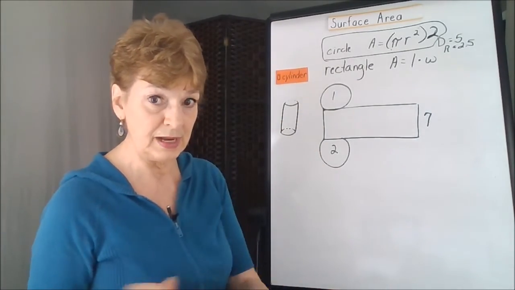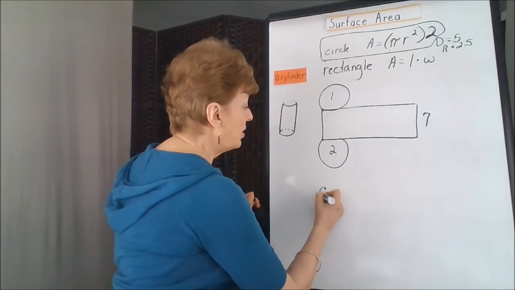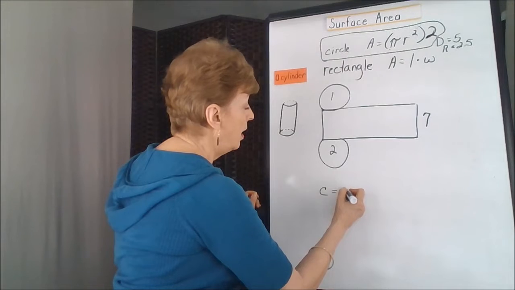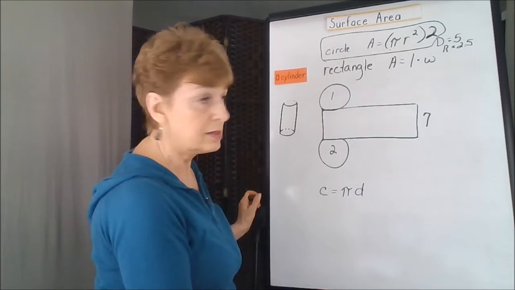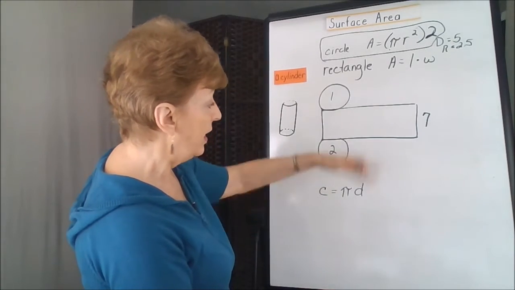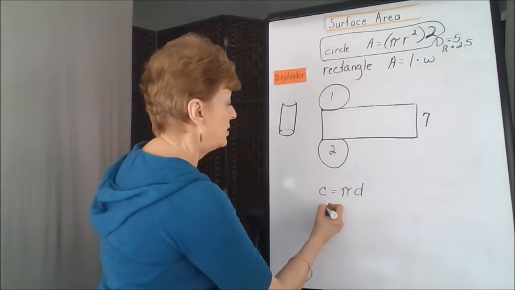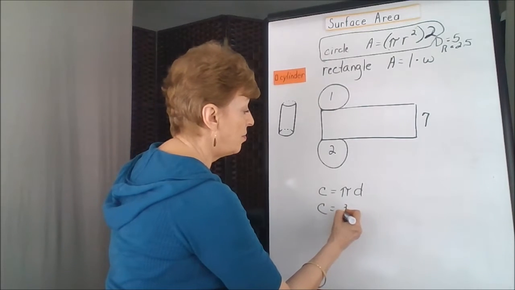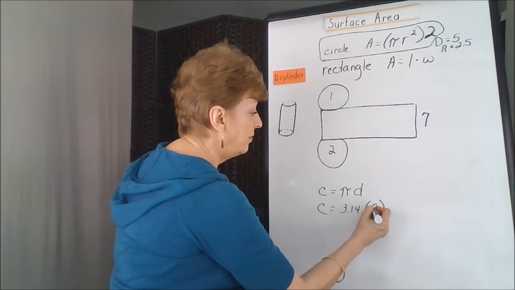So that's going to be a side calculation that we'll do. We're going to need circumference is equal to pi times d. In this case, we have the diameter already. We figured that out. So the circumference is equal to 3.14 times 5.